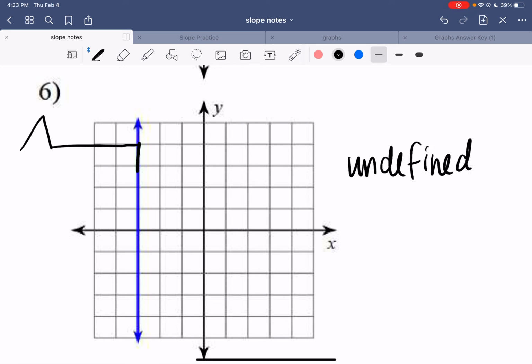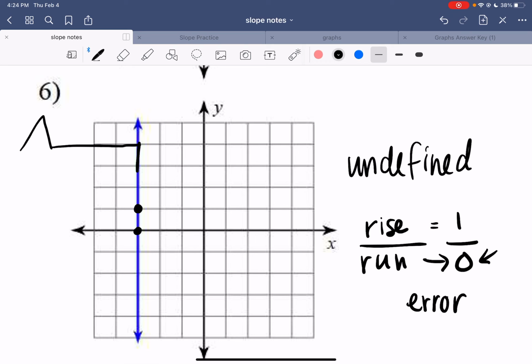If you're wondering why it's undefined, say we went from here to here, our rise would be 1, but our run would be 0, and anything divided by 0 is, if you take a second, type 1 divided by 0 on your calculator, you're going to get something that says error, because anything divided by 0 is what they call undefined.